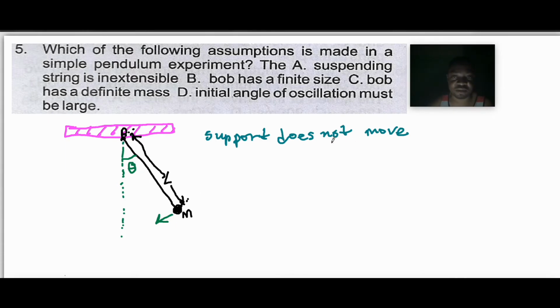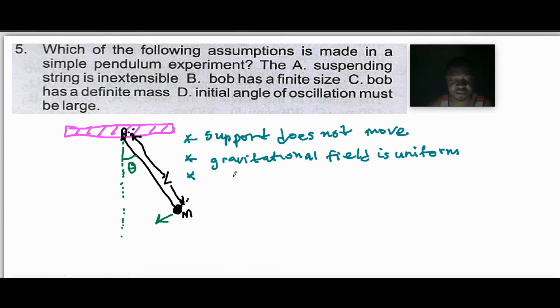Okay, it doesn't move. The second one is that the gravitational field is uniform. So these are all assumptions for the simple pendulum experiment.